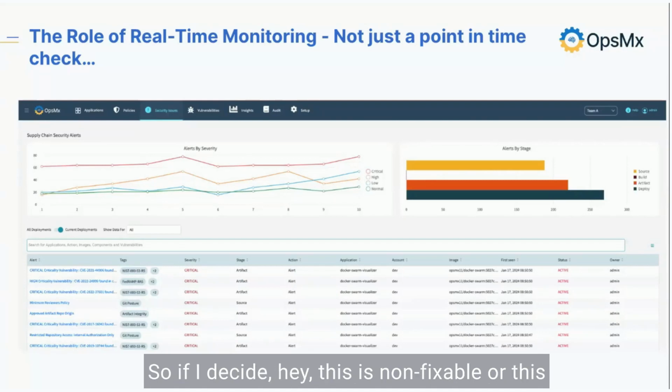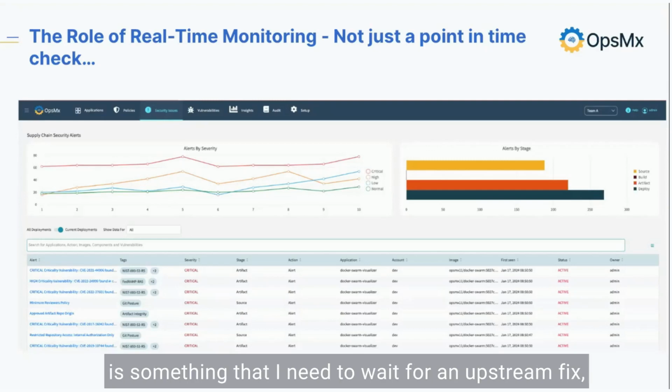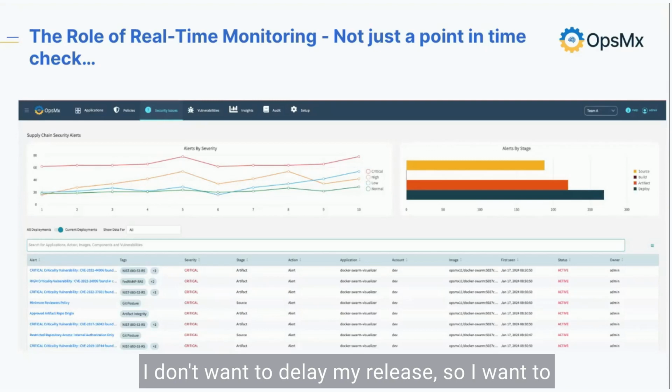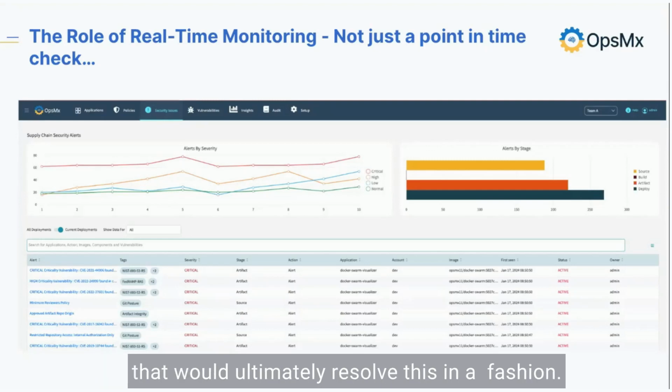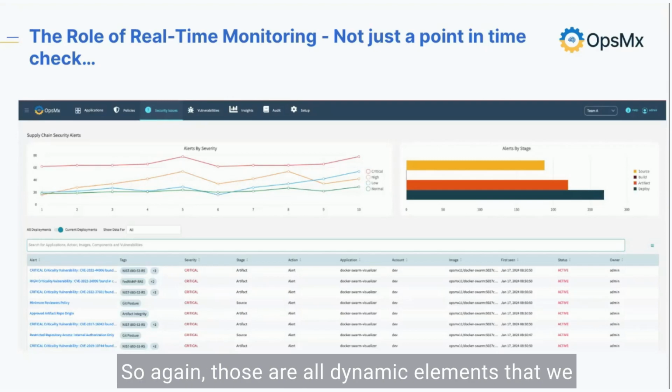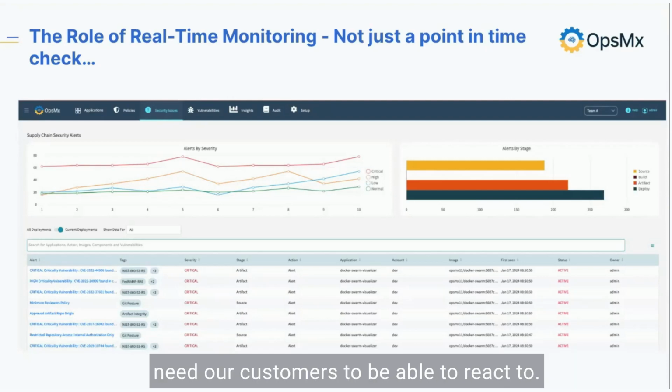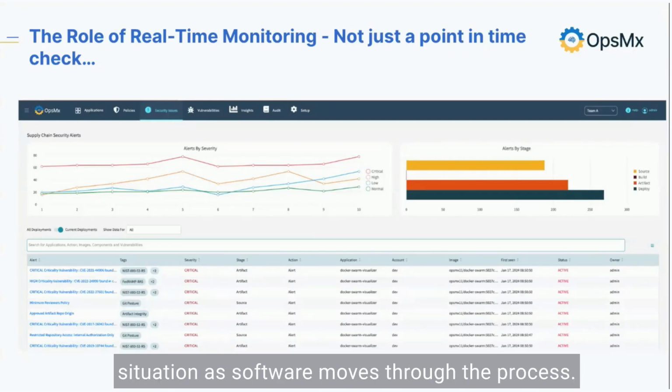If I decide, hey, this is non-fixable, or this is something that I need to wait for an upstream fix, I don't want to delay my release, so I want to apply for an exception that would ultimately resolve this in a time-boxed fashion. Those are all dynamic elements that we need our customers to be able to react to. Thus, the data that we're presenting them is going to reflect the dynamic nature of the situation as software moves through the process.